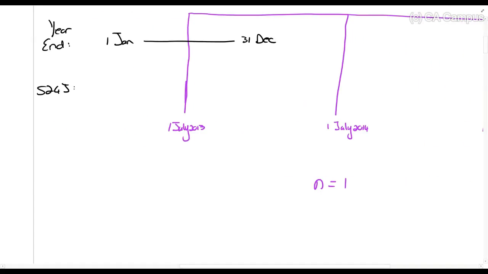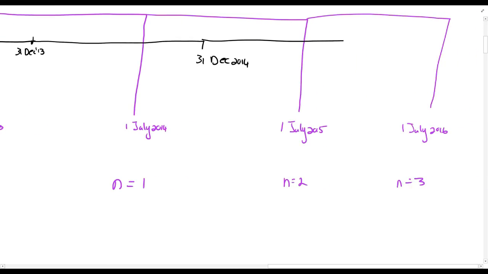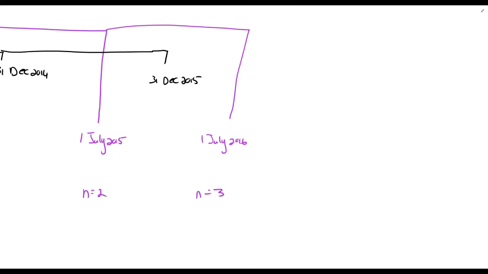Our tax year runs from the 1st of January 2013 to the 31st of December 2013. Our tax year then runs again to 31 December 2014, runs to 31 December 2015, and runs to 31 December 2016.